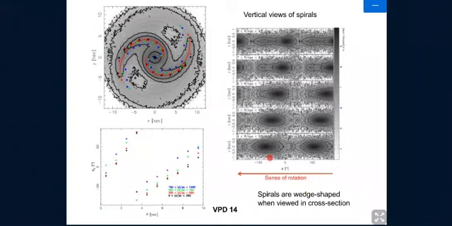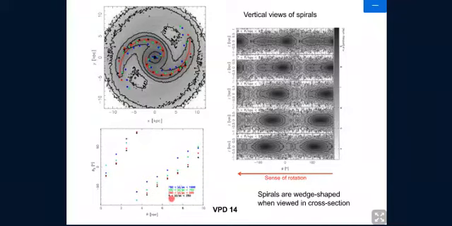The other thing I want to talk about is the vertical motions induced by spirals. Here is a simple toy model simulation with a strong spiral in it. You can see the strong spiral is given by this red line. If we ask, as a function of height from the midplane, where does the density peak?